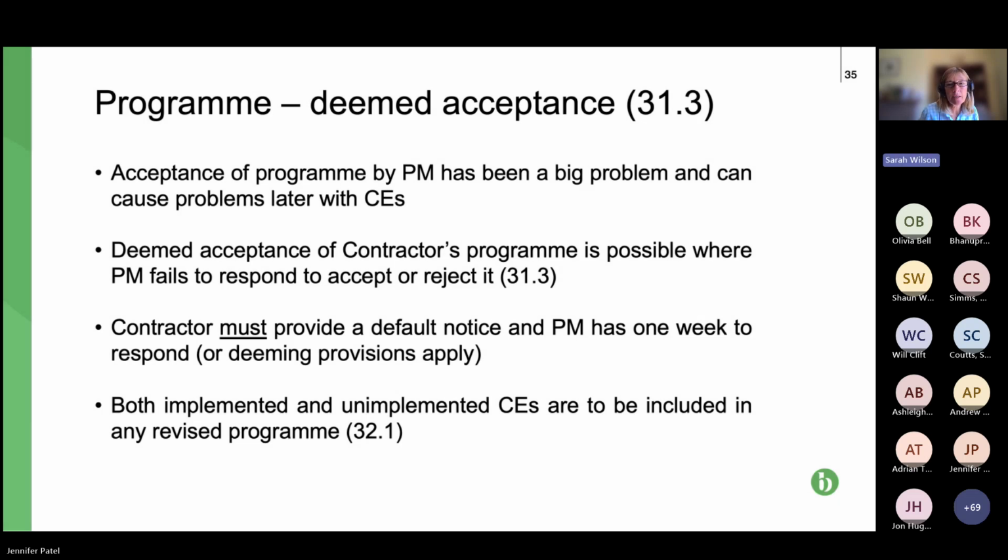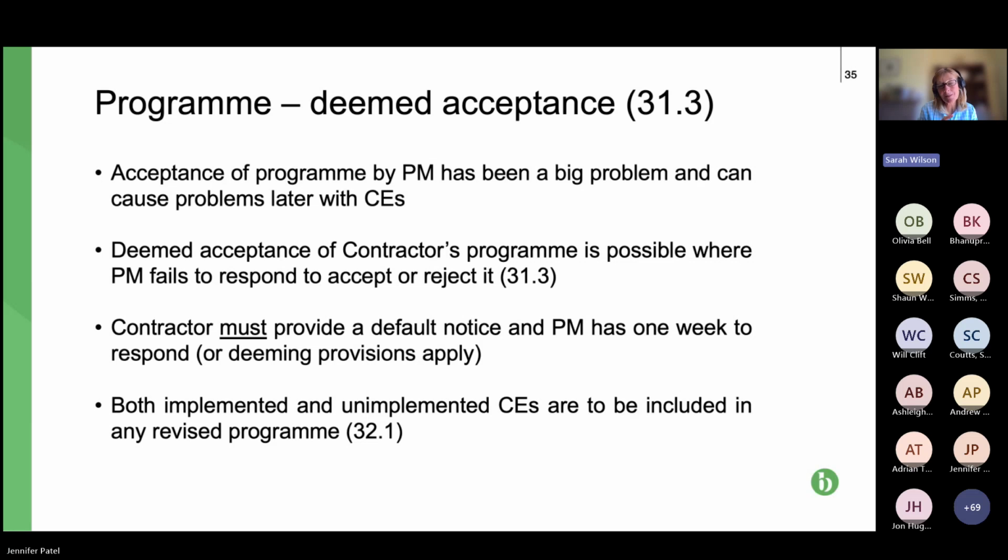Some programming changes. So clause 31.3. This only applies to the first programme that the contractor produces for acceptance, and there's a default mechanism. The new provision is basically that if the project manager fails to accept or reject it within the contract timescales, then the contractor provides a default notice, third bullet point, and the project manager has 1 week to respond.